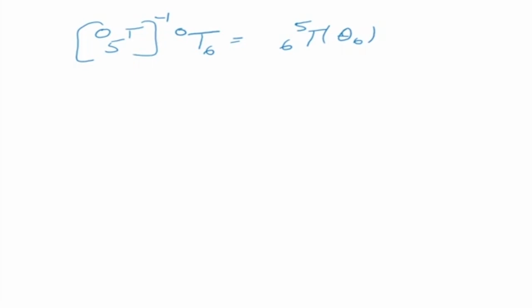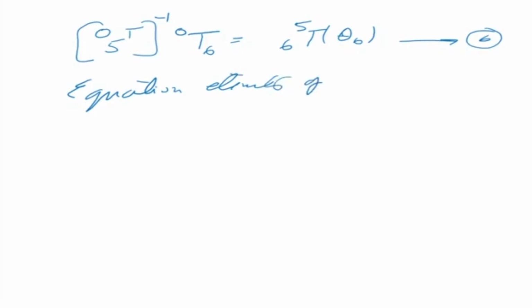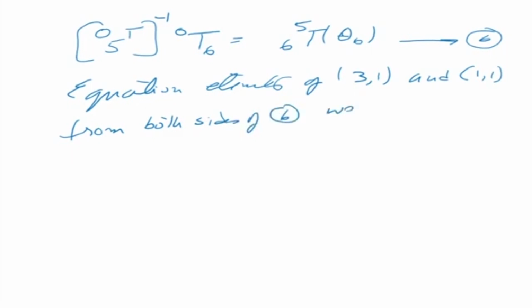Okay. Now, this is equation number 6. Equating the elements of 3 1 and 1 1 from both sides of 6, we get theta 6 is equal to a tan 2 of s6 and c6.